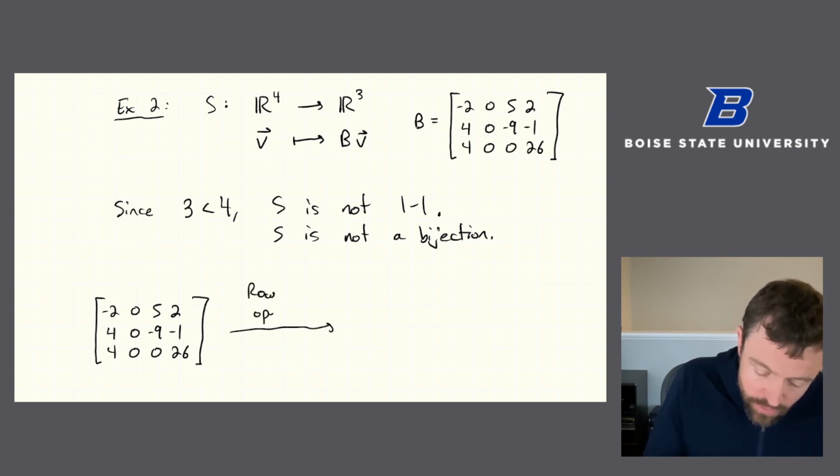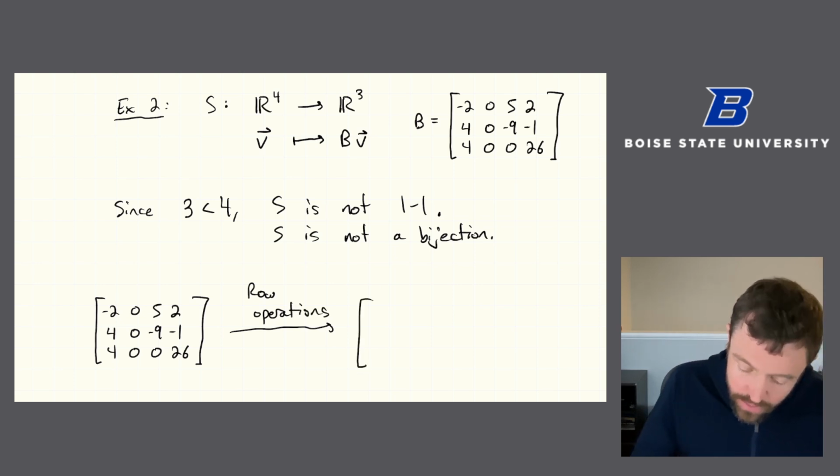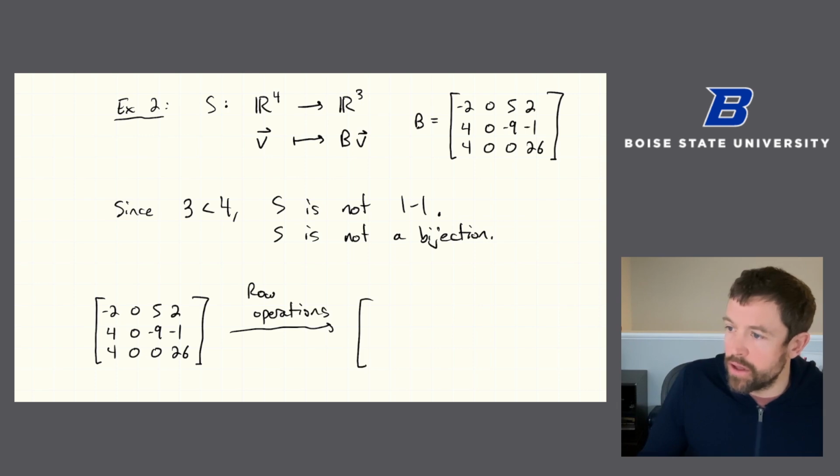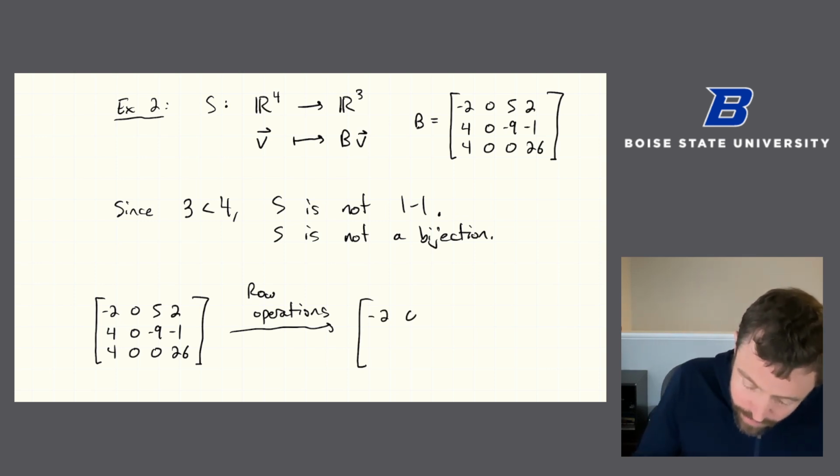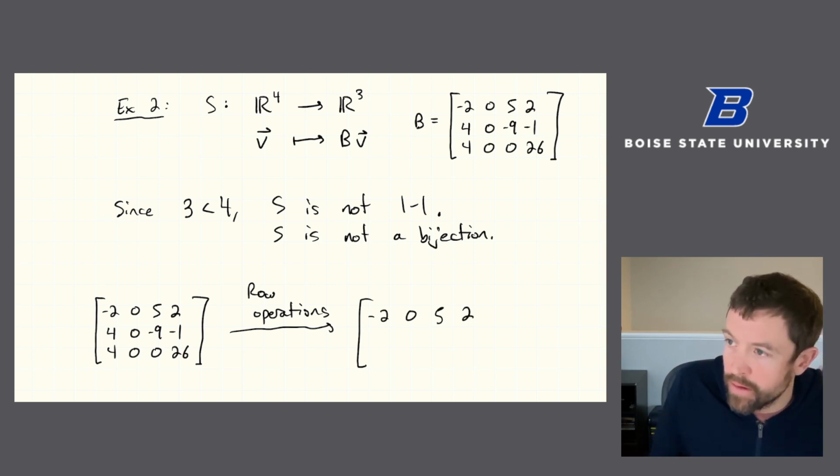And when I apply these row operations, I eventually get to a matrix in echelon form. Like this.